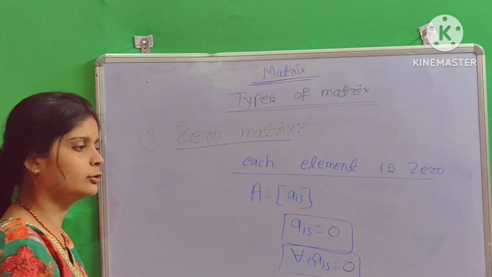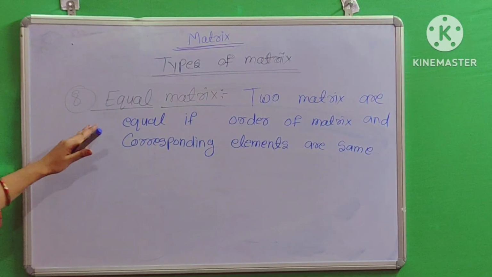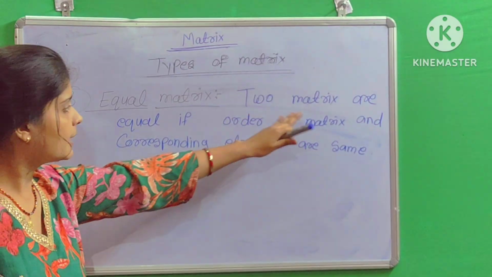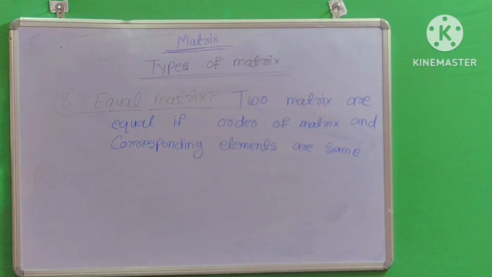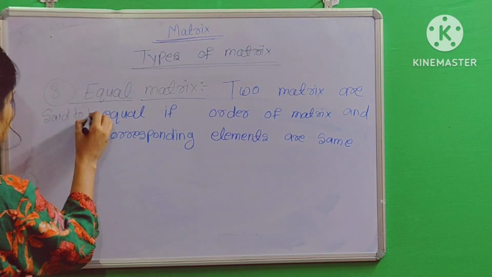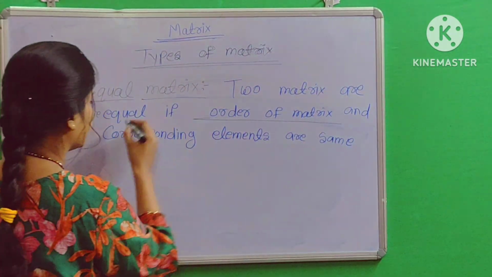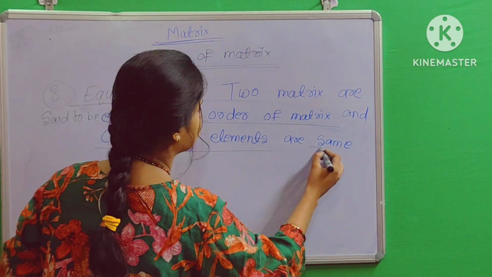This is our zero matrix. Now we will talk about equal matrix. Two matrices are said to be equal if the order of the matrices and the corresponding elements are the same.